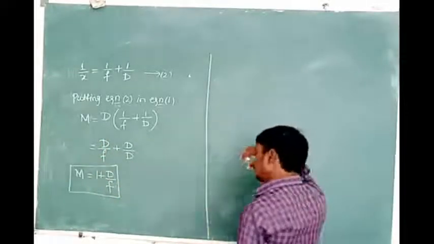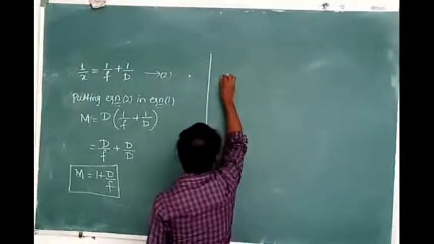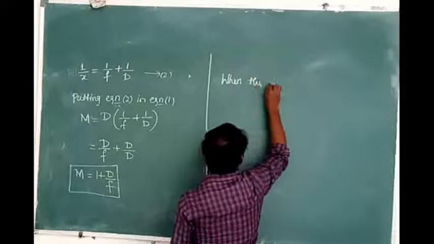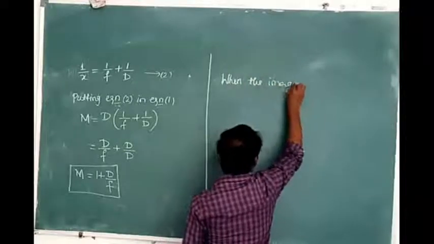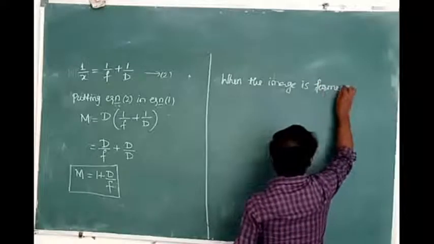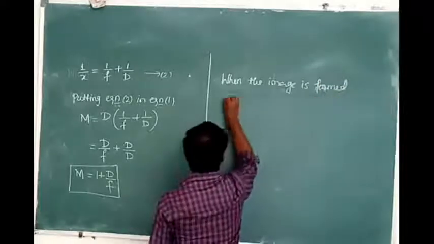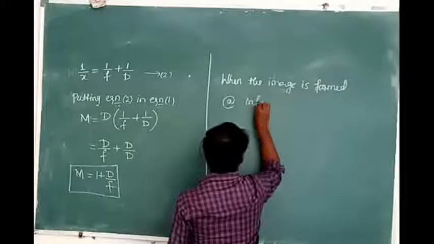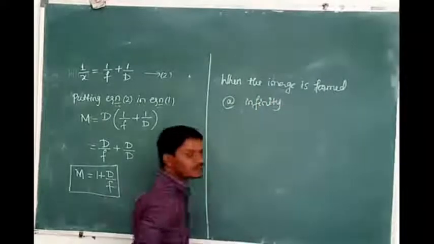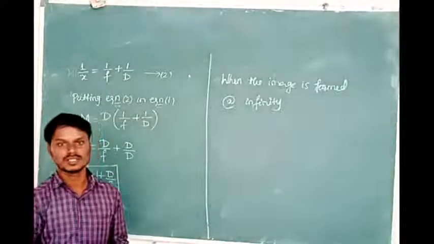Now next we are going to discuss about when the image is formed at infinity. At what position of the object is the image formed at infinity in case of convex lens? At the principal focus.